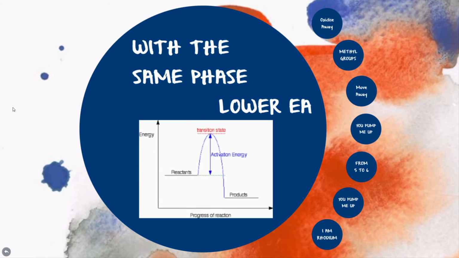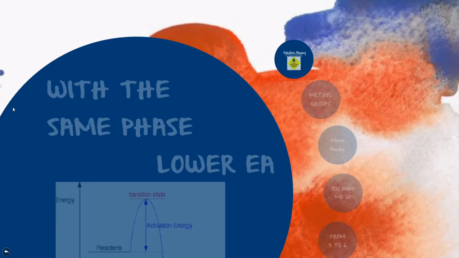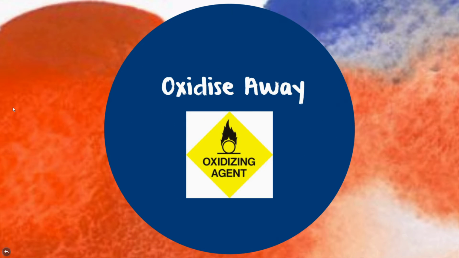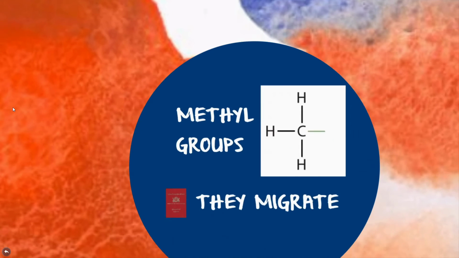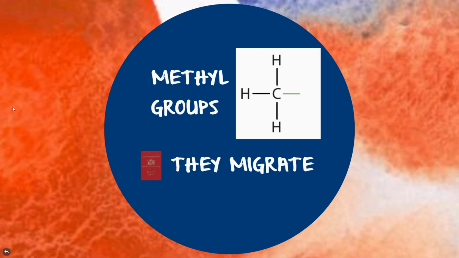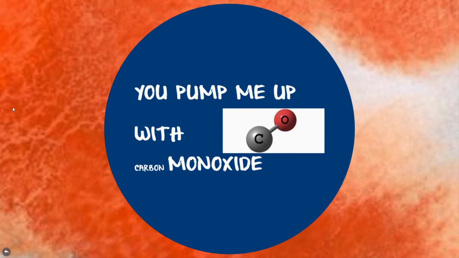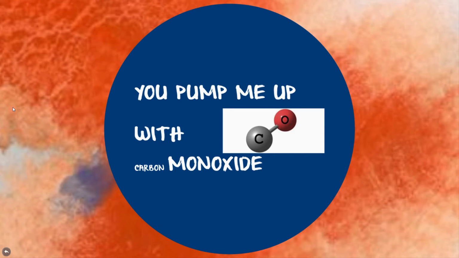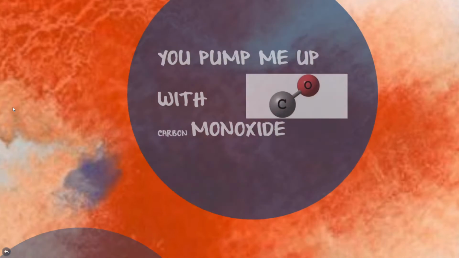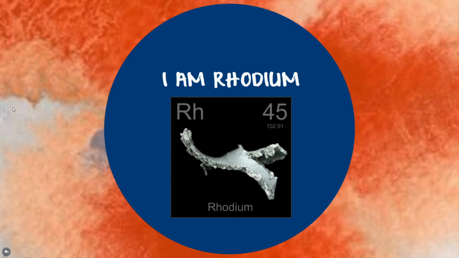With the same face, over the ache, oxidize away. Miss of groups, take my way, move away, move away. You pump me up with heart outside, from 5 to 6. You pump me up with heart outside. I am rolling.